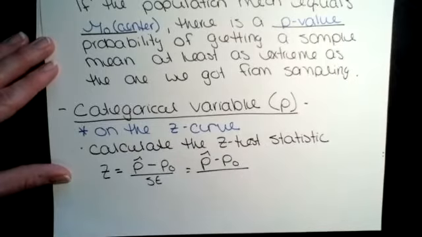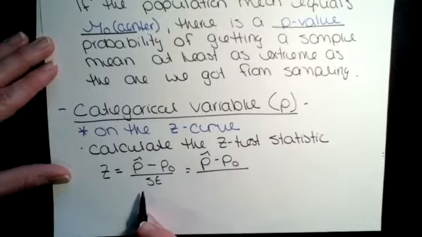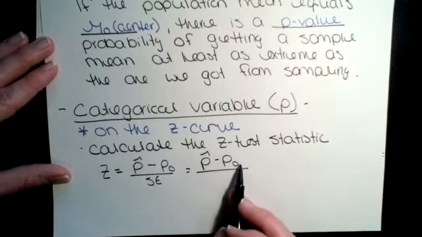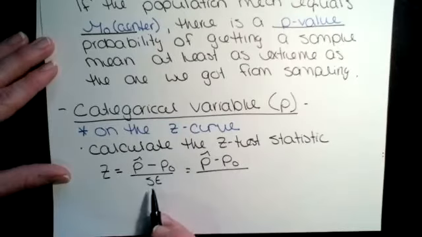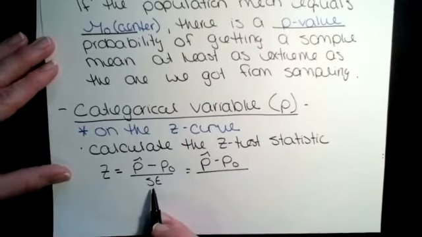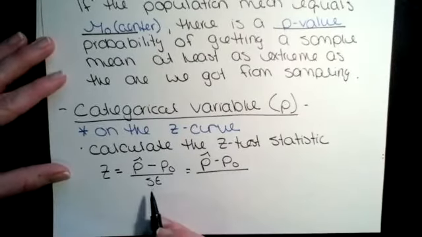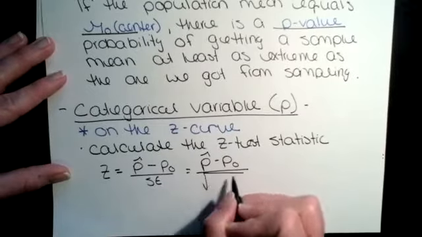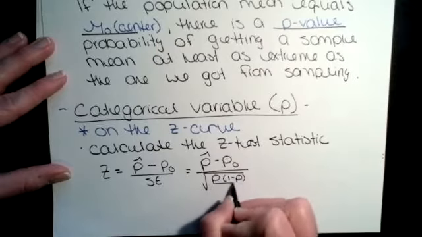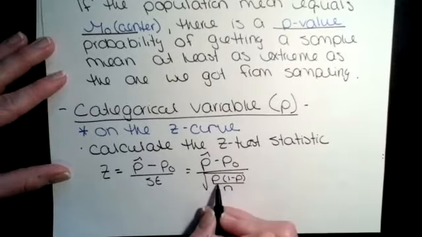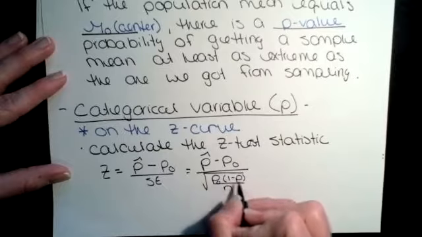Remember last week, it was a while ago now, 5 days ago, we talked about p naught. P naught is the center of my curve. And remember, we talked about checking normality. When we do that, we use the center of our curve. We do this also for standard error. My standard error formula is the square root of p times 1 minus p divided by n. But p is not the center of my curve. P naught is.